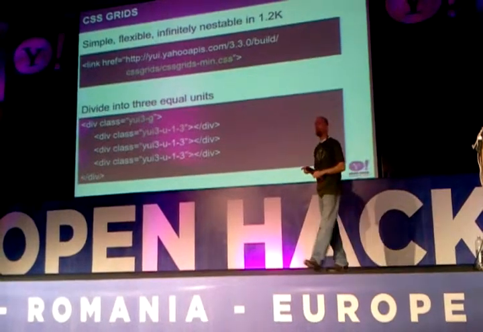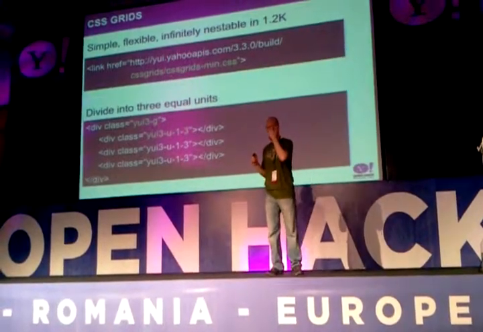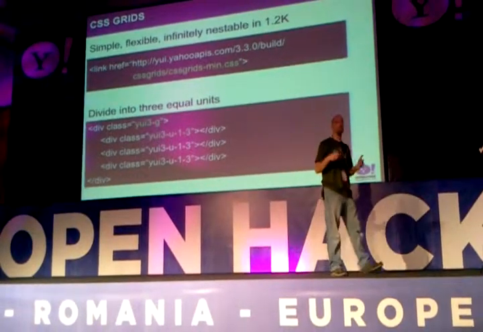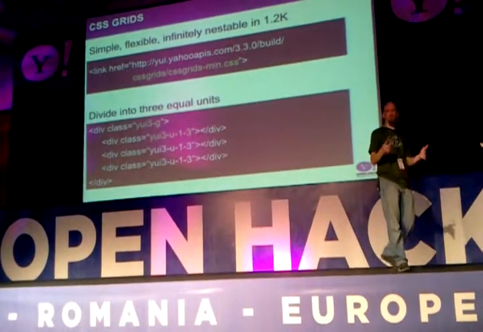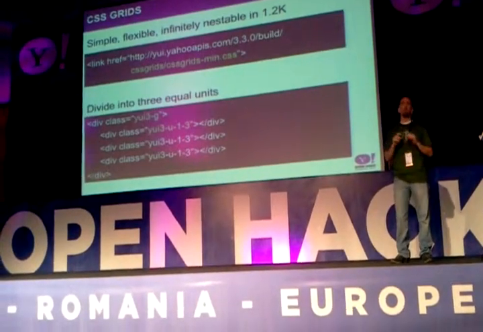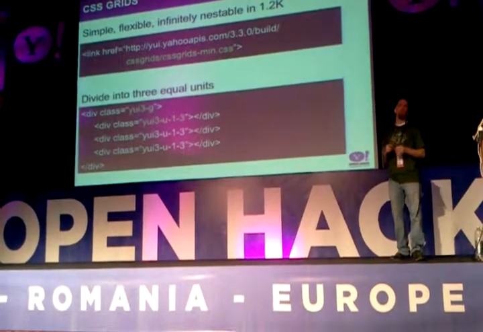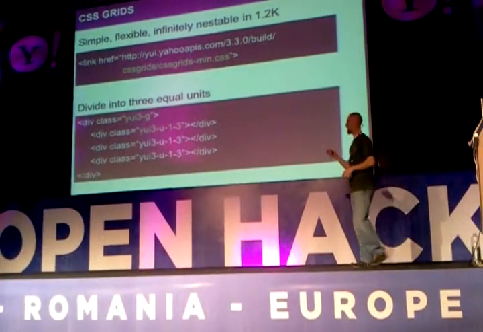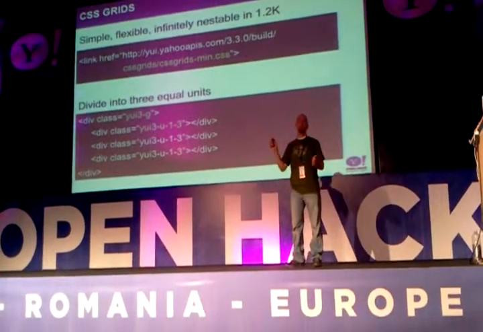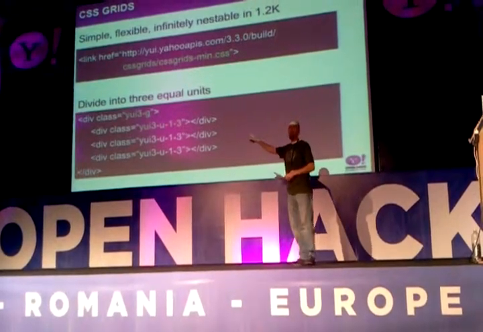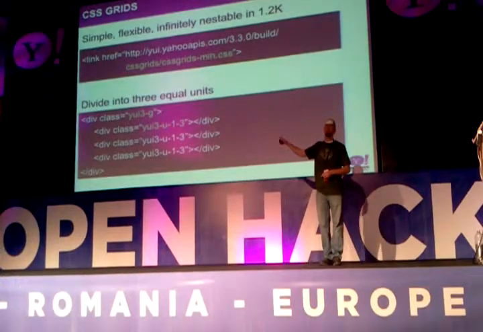In YUI2, we had a grids package that was pretty good. It was solid and it was dependable, but it was verbose. So in YUI3, we trimmed this down a lot, and we're using a new technique for doing grid-based design in YUI3. It's really, really easy. What you need to know are two classes, YUI3-G and YUI3-U.